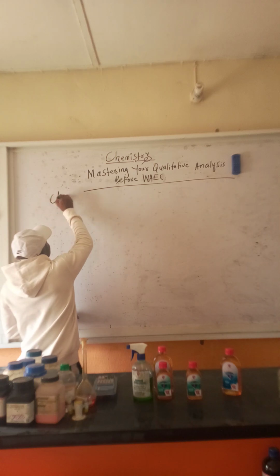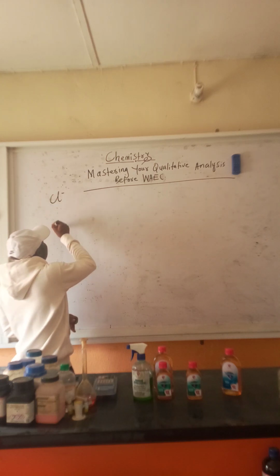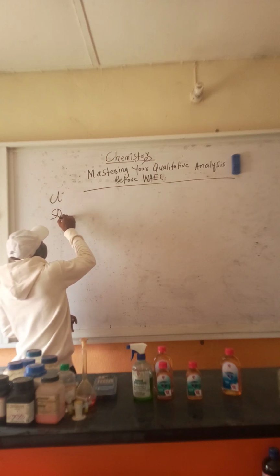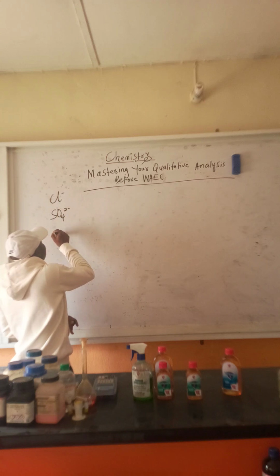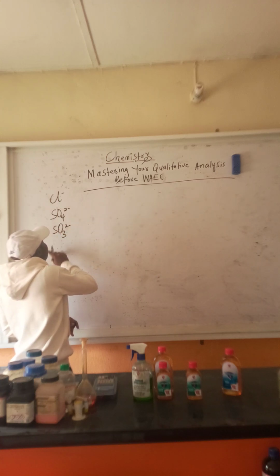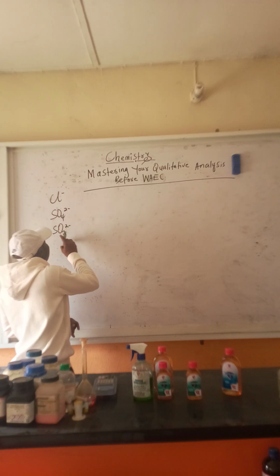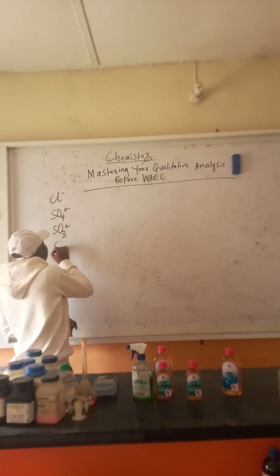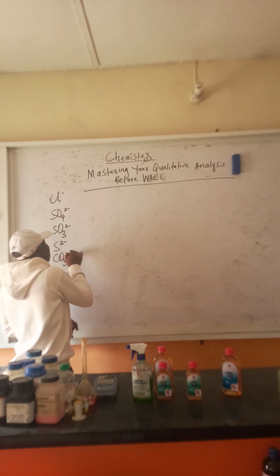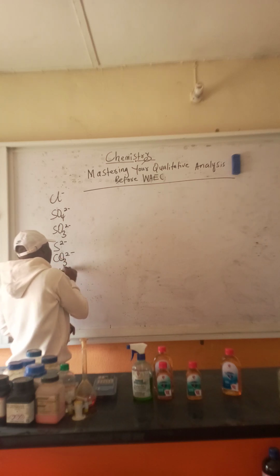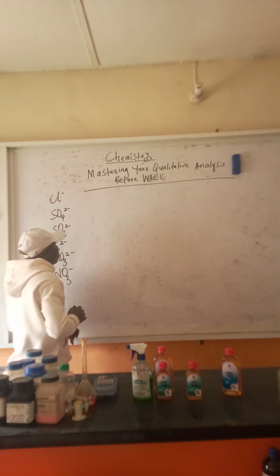We also mentioned SO4 2-, SO3 2-, that is sulfate 6 and sulfate 4 ion, S2-, and CO3 2-. We also mentioned NO3-.